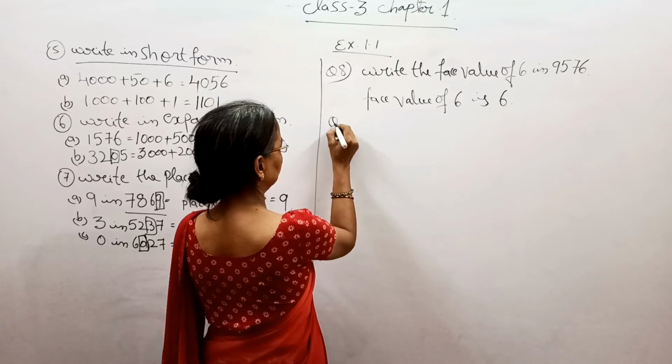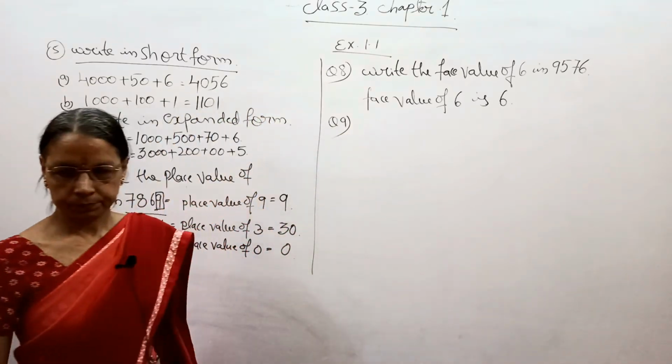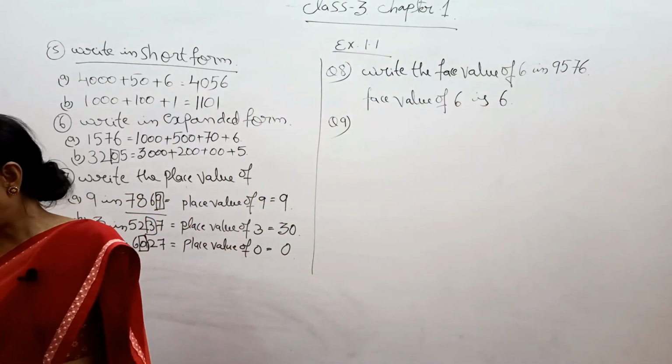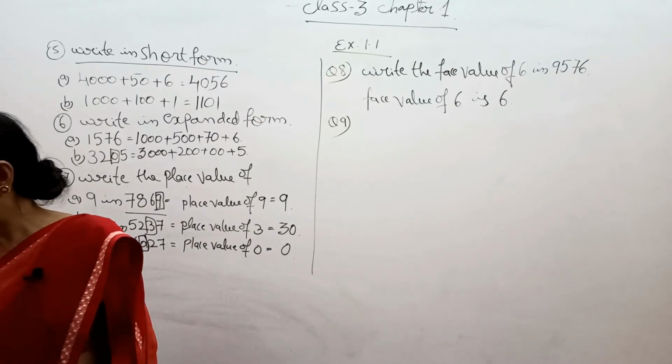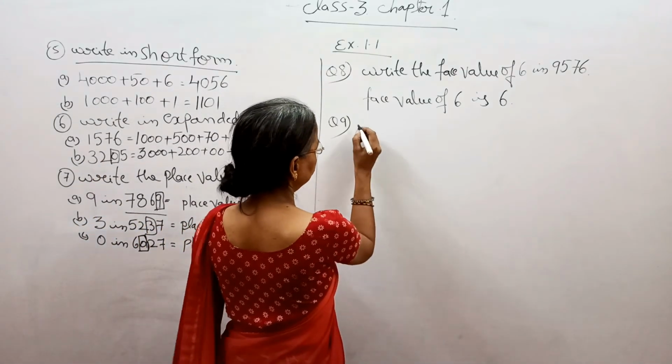Then question number 9. Difference between the place value and face value of 2.